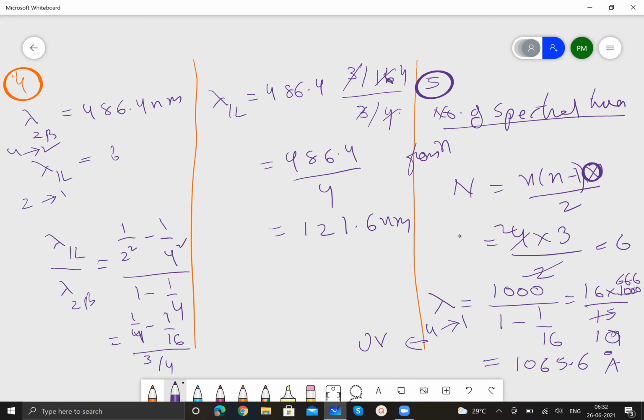Therefore, this particular line will be in the UV region, and he wanted the shortest. Shortest means maximum energy, so this itself is the shortest.